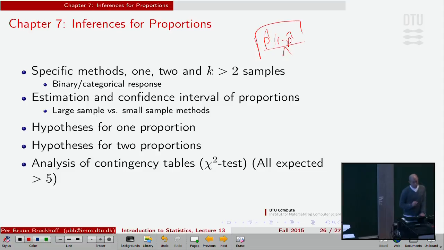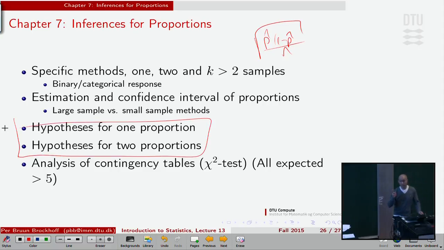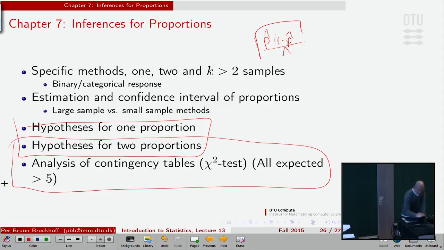We can do normal-based confidence intervals and hypothesis tests for 1 and 2 proportions. We have some z-tests and some normal-based confidence intervals. Then we also saw that for 2 proportions and multiple proportions, for the 2 proportions case, we have 2 options actually.